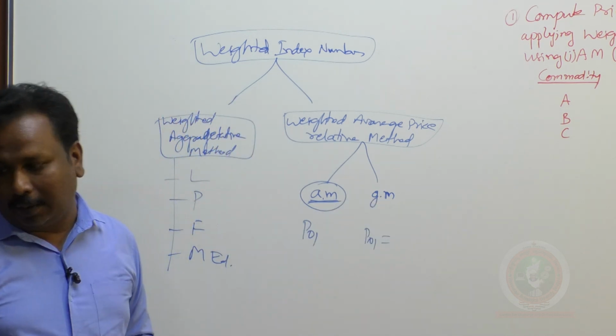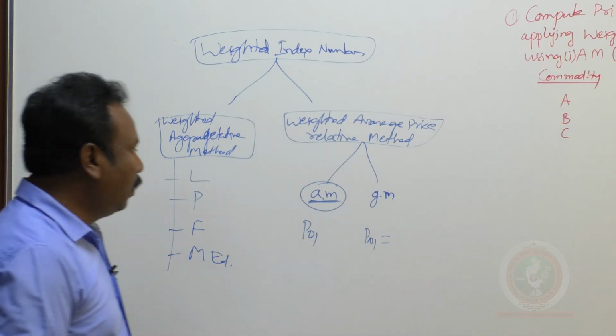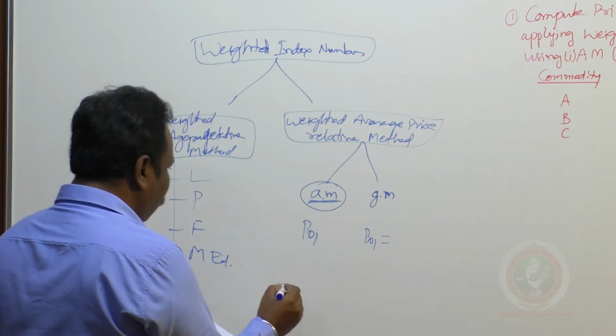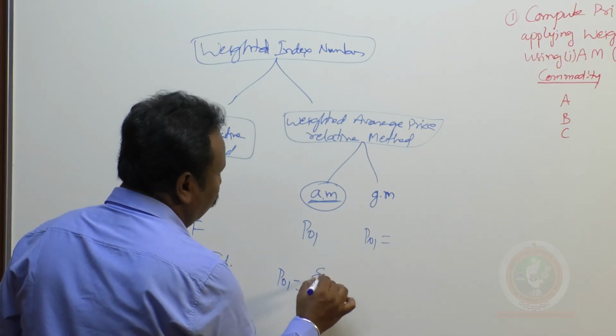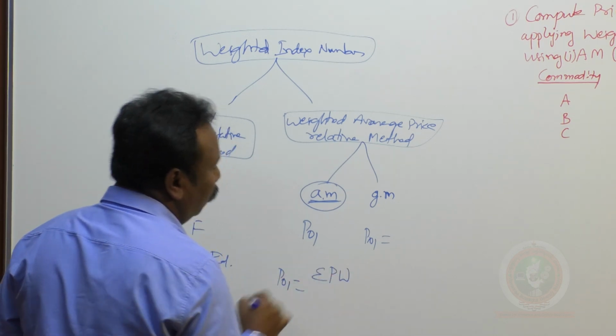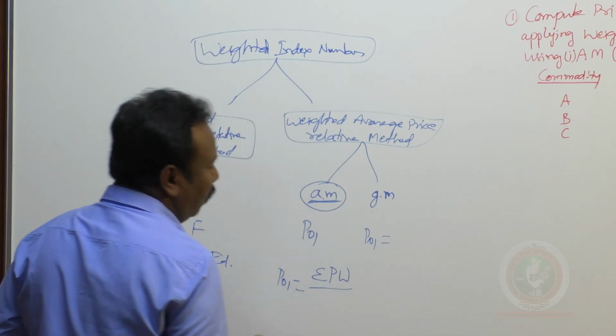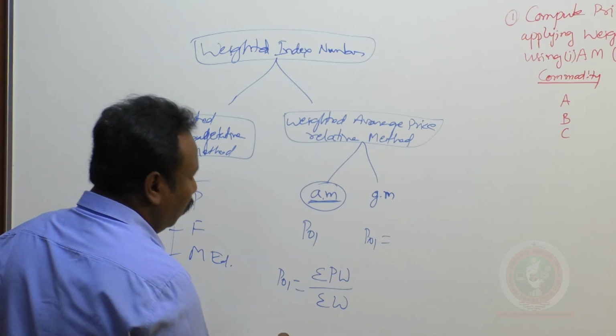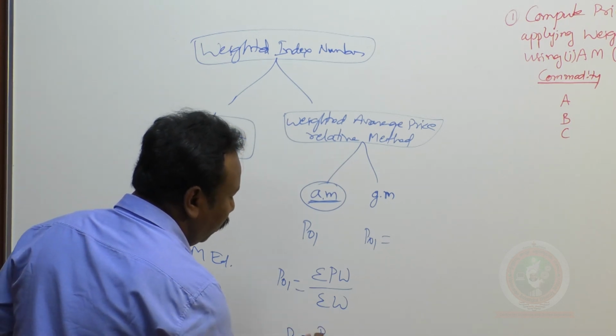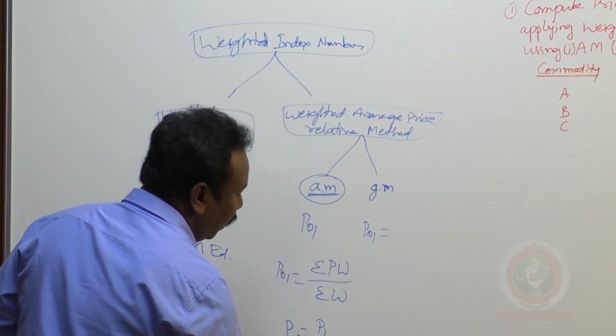Under arithmetic mean, P01 equals summation of P into weights W, divided by summation of W. P is nothing but P1 divided by P0 into 100.